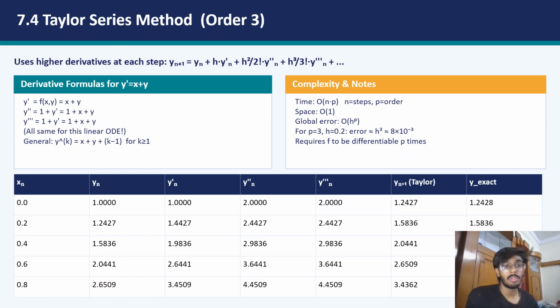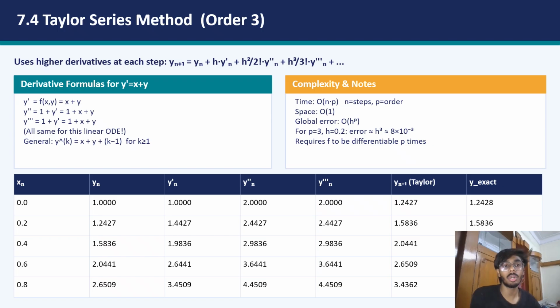This is the formula we need for the Taylor series, which is modified to solve this ordinary differential equation. We will put our values of x in the derivative formula in a similar context. We have given a step size of 0.2, so we'll compute xn, and with respect to xn we'll compute yn using the Taylor series. Here we can see we are getting the exact value 3.4362, which is required.